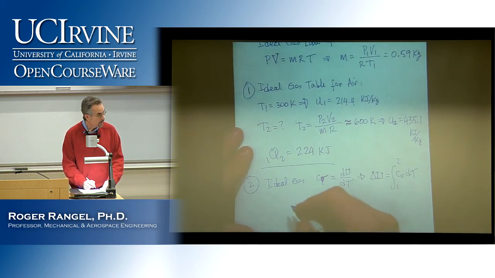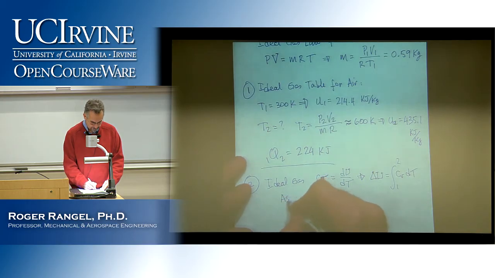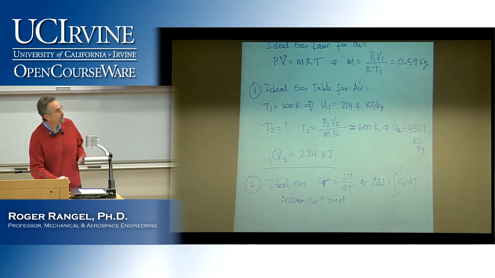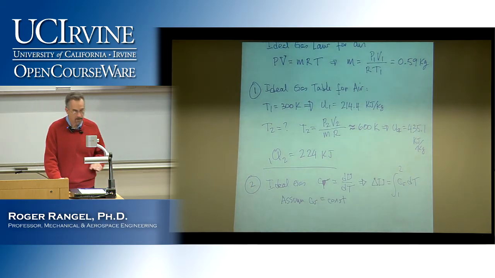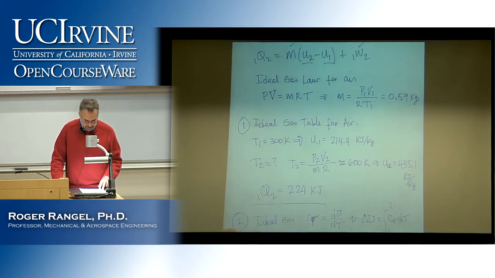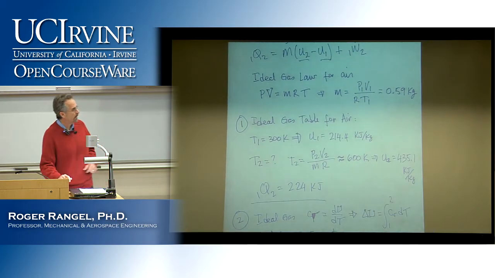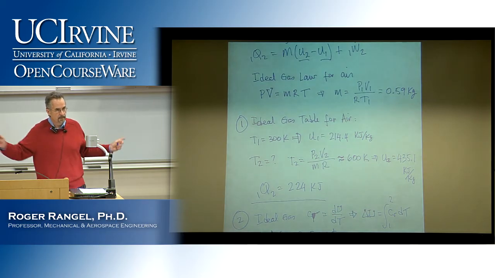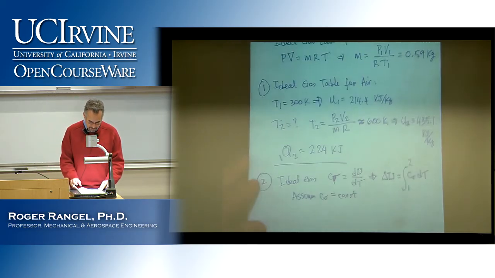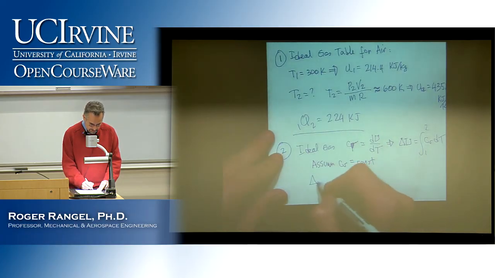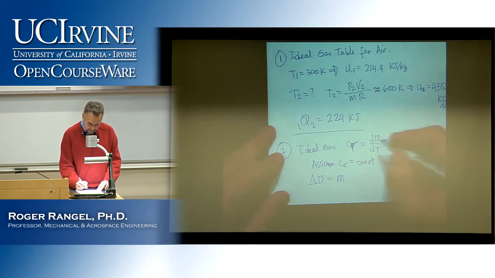But if we assume Cv is constant, which, remember, was reasonable if the temperature range was not very large, which it isn't in this case because we're going from 300 Kelvin to 600 Kelvin. In that figure that I showed you, that's a very small range. So I can take it to be constant, and therefore I can compute the delta U as the mass, I'm missing the mass here, I need a mass here, m.